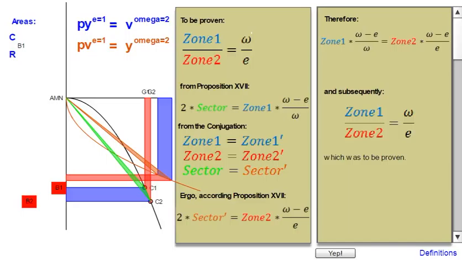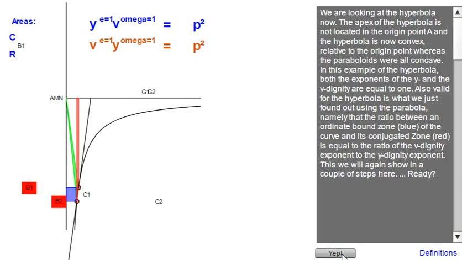But this is not only true for the parabola, because the ratio of these dignity powers can express an expression of any type of curve, not only the parabola, but the whole set of paraboloids, and also for the hyperbola and for hyperboloids. And this is the next step where we would like to demonstrate this very same principle.